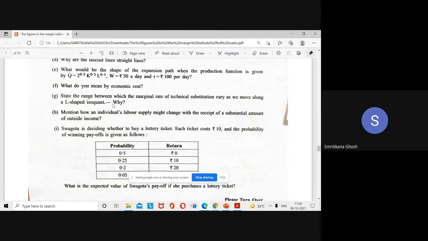Okay. Ma'am, in the economic zone it is positive, and in the non-economic zone it is negative. Yes, yes. In the non-economic zone, they are negative. Okay, ma'am. Okay.